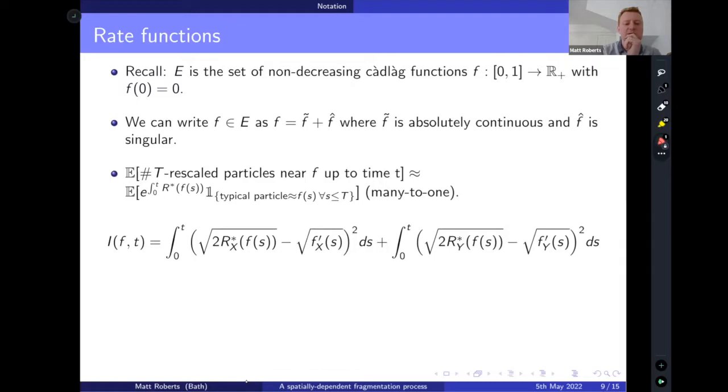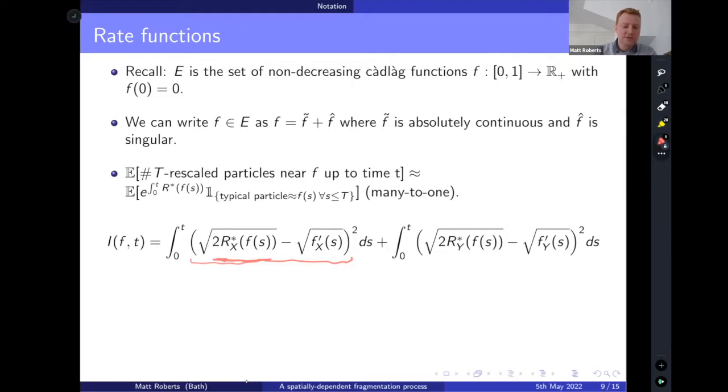So if you just concentrate on this part here, so fix a time s, then we know that if a particle is near f of s, you might guess that it's jumping in the horizontal direction at this rate r star x. Except we saw in the many-to-one formula that the typical particle, for size-biasing reasons, is actually jumping at double the rate, 2 r star x.